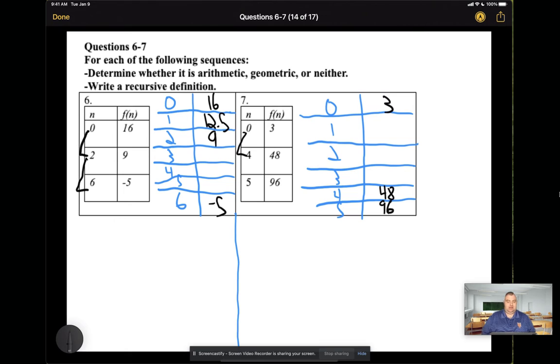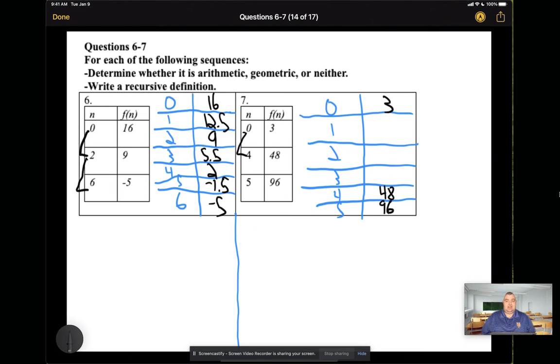And now let's keep following that pattern and see if I end up with a term 6 of -5. So 9 minus 3.5. Again, I'm just using the one on my phone. This is going to be 5.5. 5.5 minus 3.5 is 2. 2 minus 3.5 is -1.5. All right.